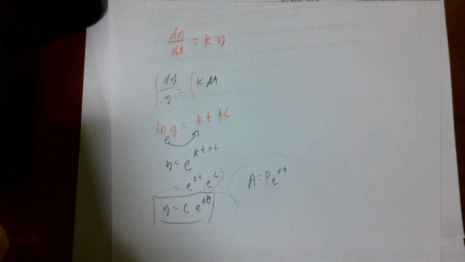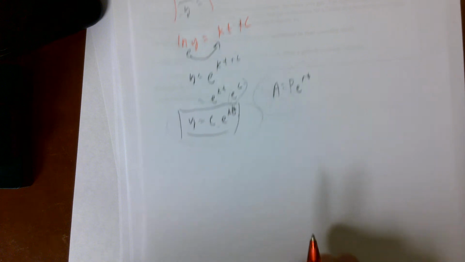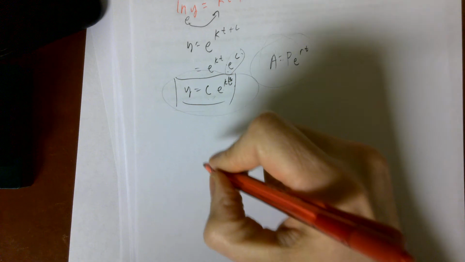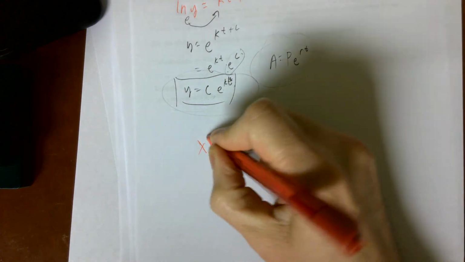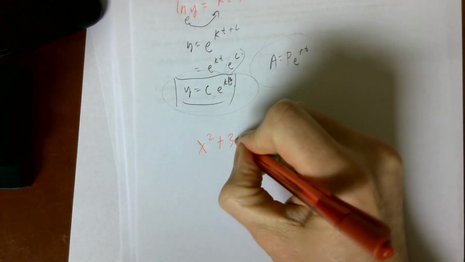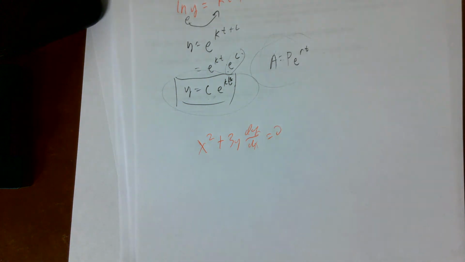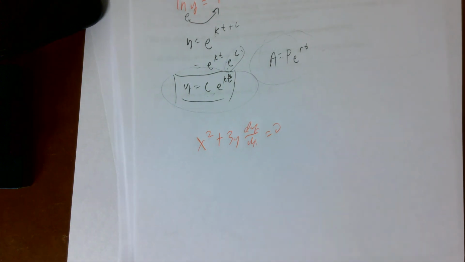One last thing. I'm not going to do another problem. I just want to kind of warn you on this. Let's say I gave you x squared plus 3y dy dx is equal to 0. Say you were given a problem like this and you're told to separate the variables. You think, I haven't shown you how to deal with that.